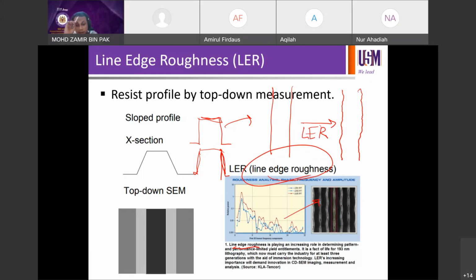So sekarang ni the question is, how do you reduce this variation? It won't be a big deal if you are printing a big CD, for example, 300, 400 nanometer.